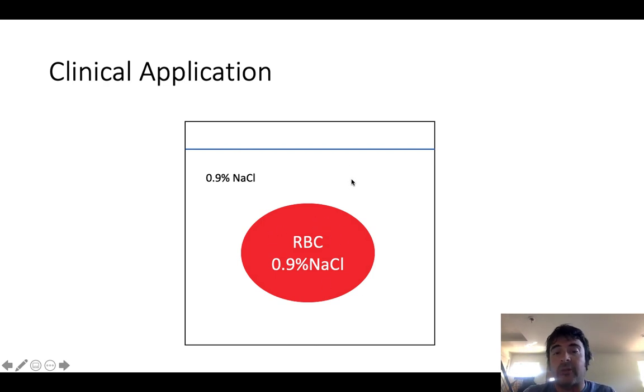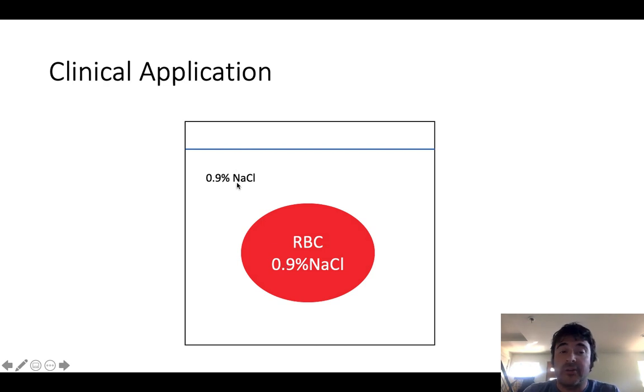So if you create an osmotic gradient, that water will move along that osmotic gradient. Another way of saying that is water follows salt and sugar, or water follows non-penetrant solute. So when you put a cell into a 0.9% sodium chloride solution, think about the percent water. So one, is there a higher concentration of salt outside the cell than inside the cell, or in the ECF comparative to the ICF?